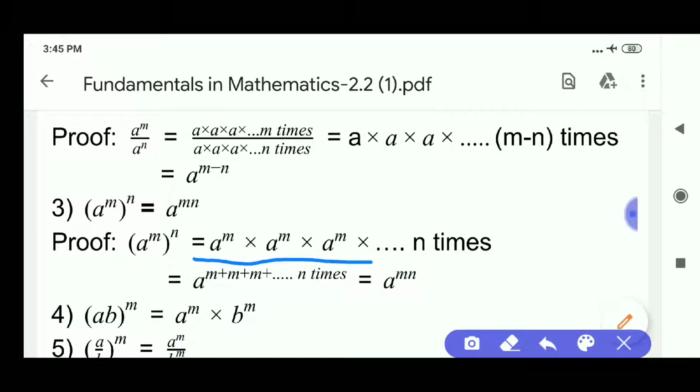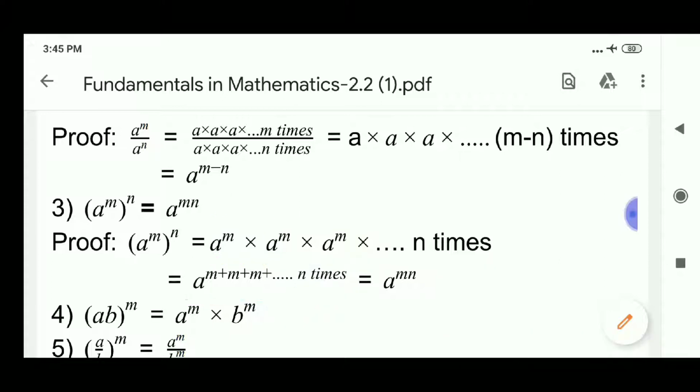So according to the formula, a power m into a power n is equal to a power m plus n. It becomes a power m plus m plus, and so on up to n times. So it is a power m plus n times, which is m into n.